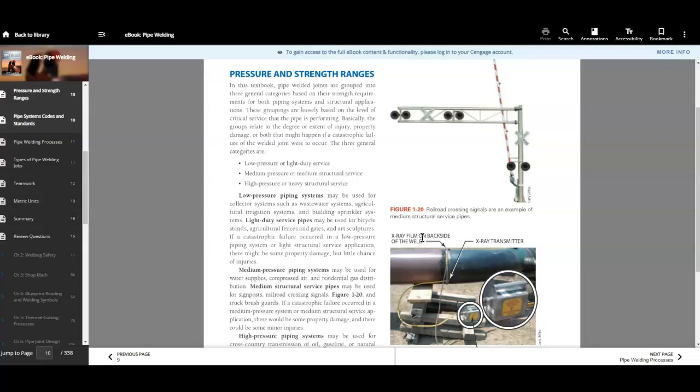Basically, the groups relate to the degree or extent of injury, property damage, or both that might happen if a catastrophic failure of the weld joint were to occur. The 3 general categories are low pressure or light duty service, medium pressure or medium structural service, or high pressure or heavy structural service.